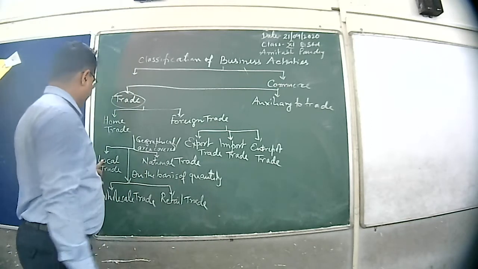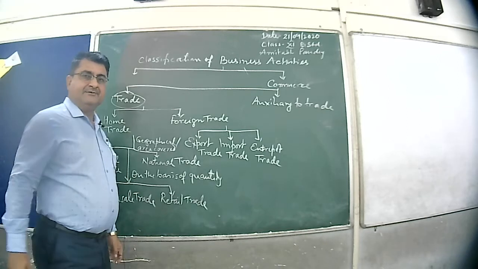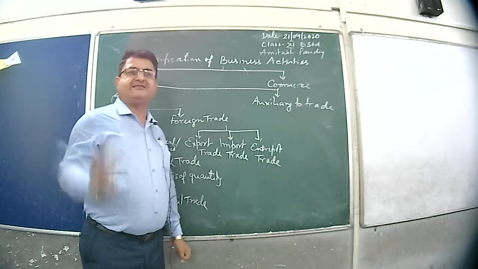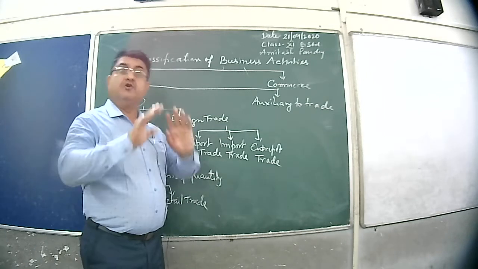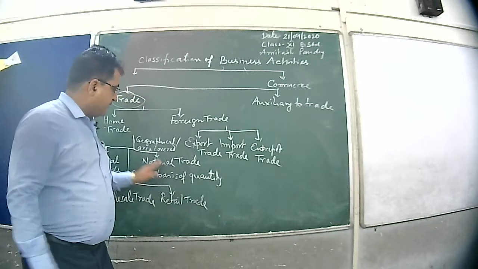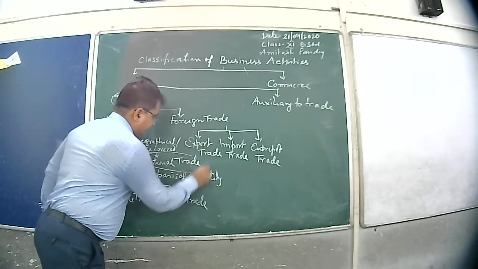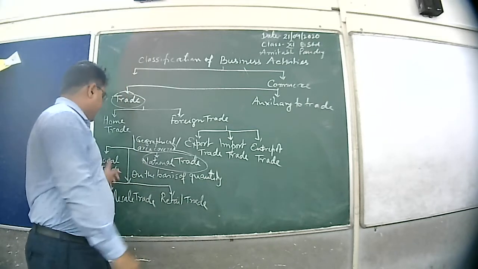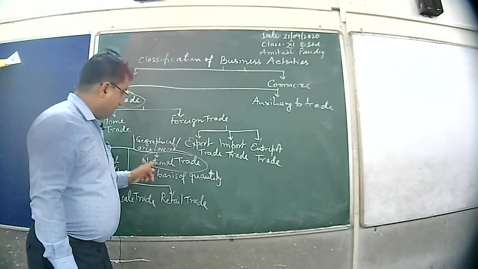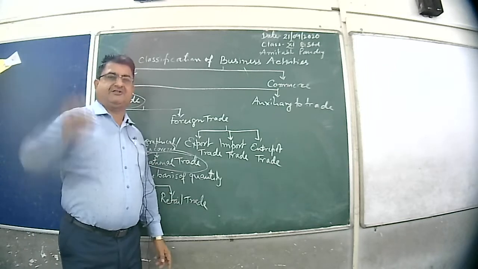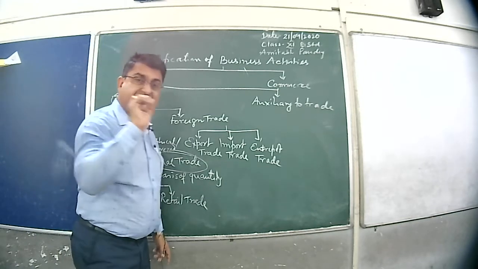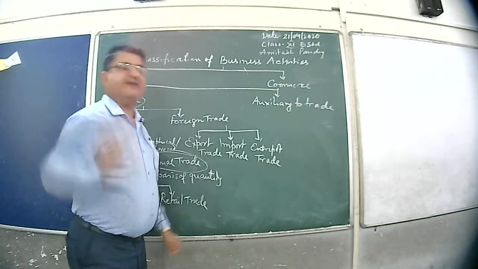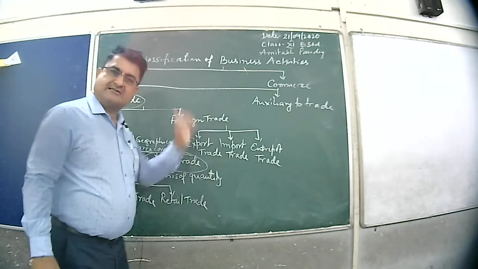What is meant by local trade? It refers to that trade whose activities remain confined to a particular location or locality. That is called local trade. But national trade refers to that trade whose activities do not remain confined to a particular location, but spread to different locations, or you may say different states, but always remain within the political boundary of the country.